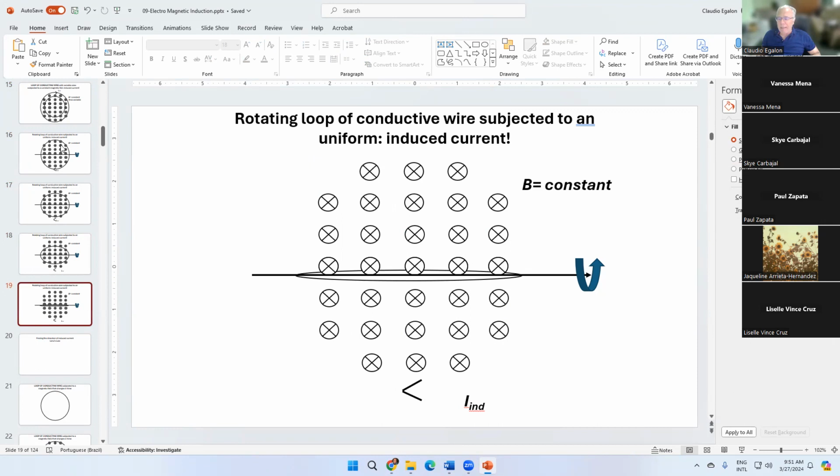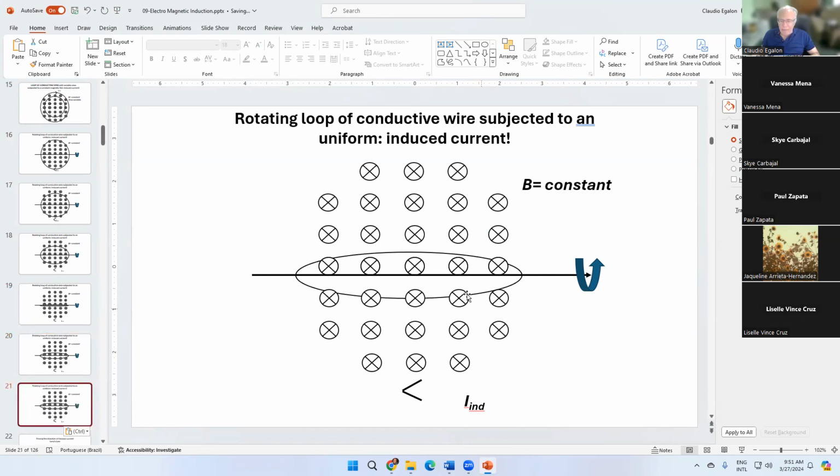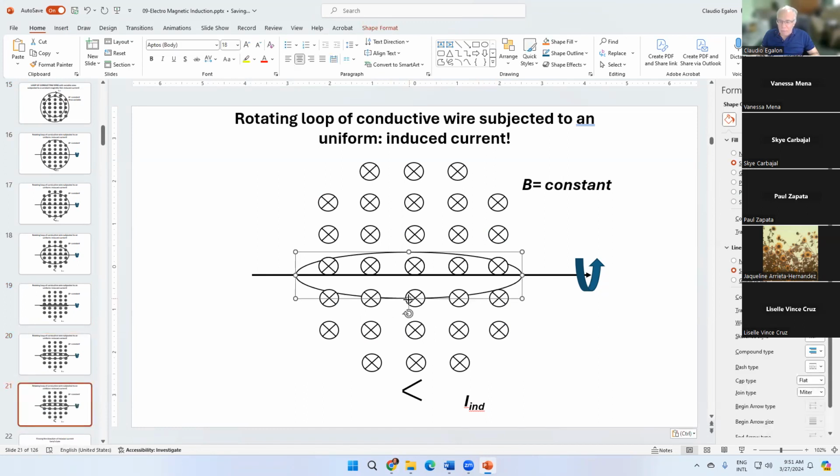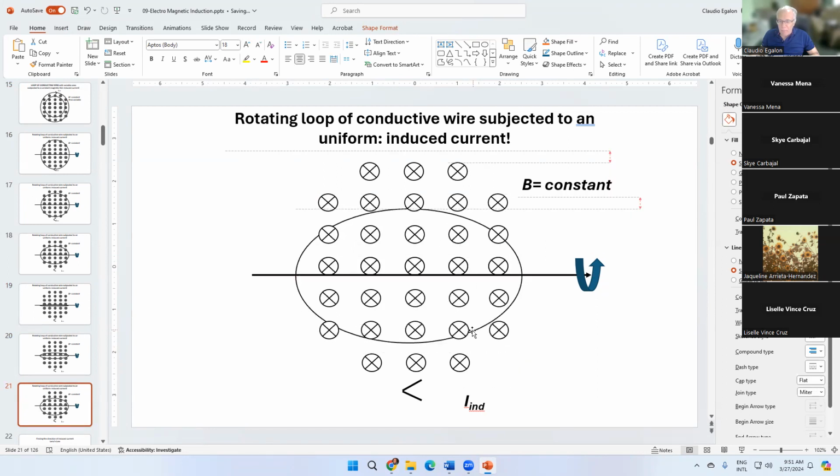Eventually, it comes to a point where the magnetic flux is exactly zero. Past this point, the magnetic flux through the circuit is going to start increasing, and you're going to start seeing the cycle all over again, right? Magnetic flux increases until it reaches a maximum value.